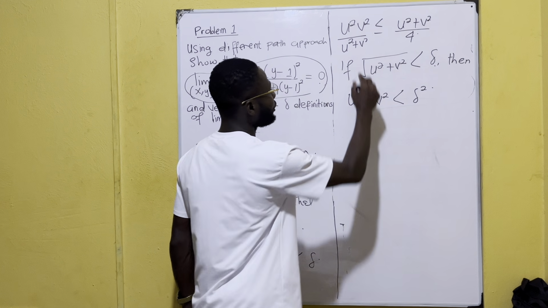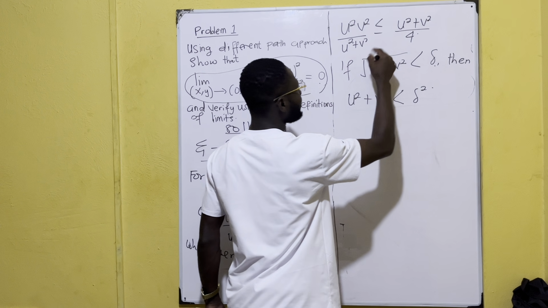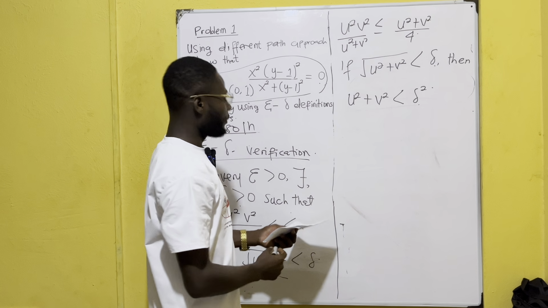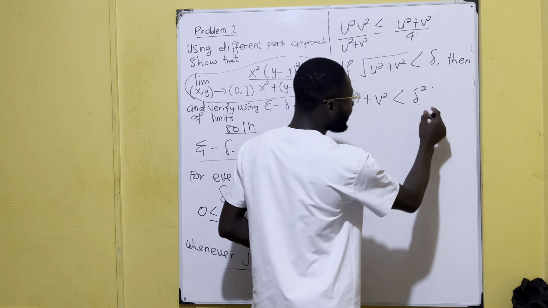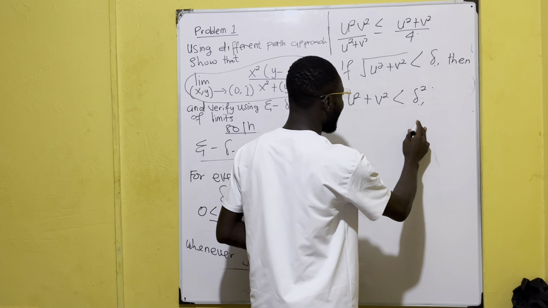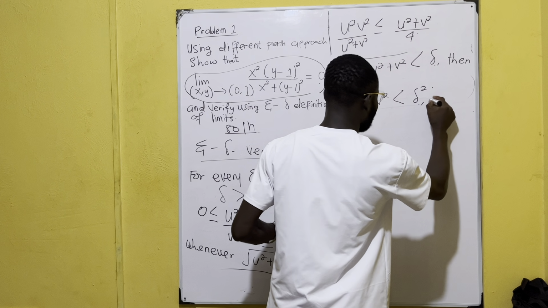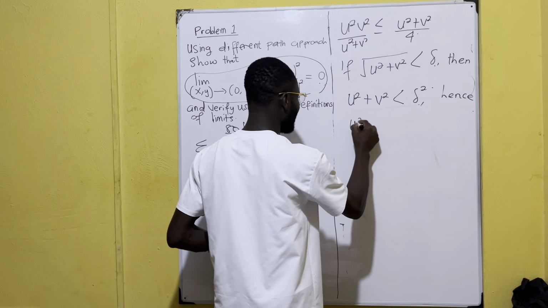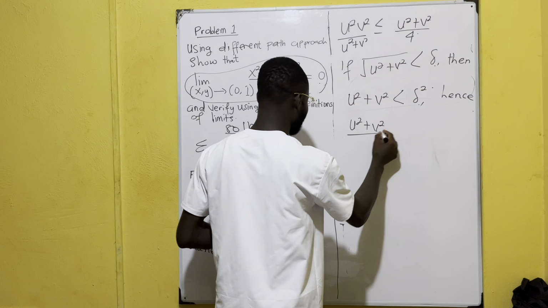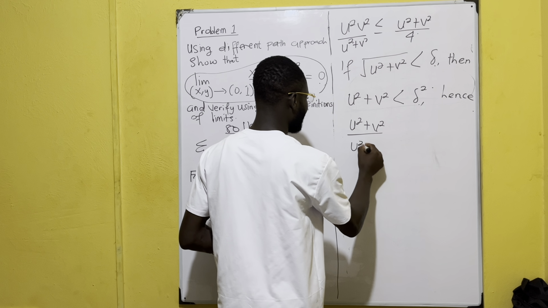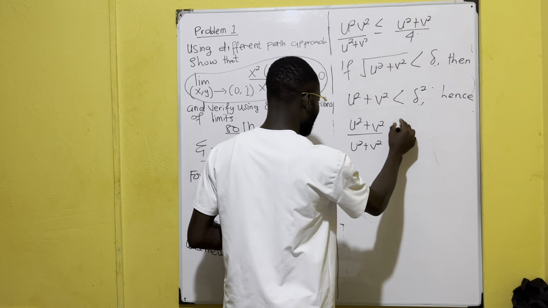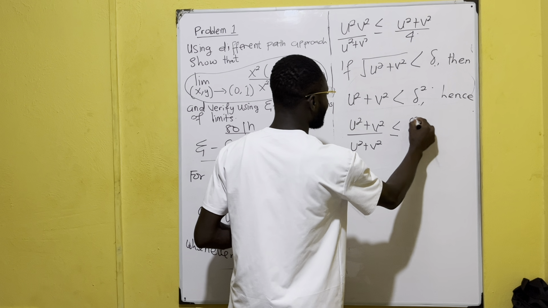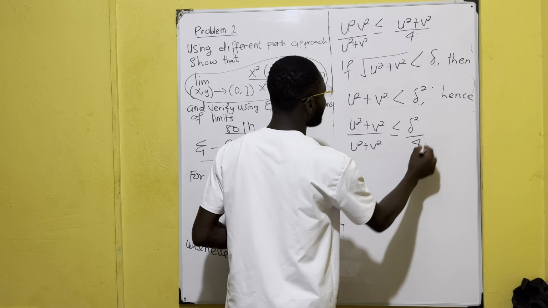It is squared on both sides, this cancels this, and you have this. Hence u squared plus v squared divided by u squared plus v squared is less than or equal to delta squared divided by 4.